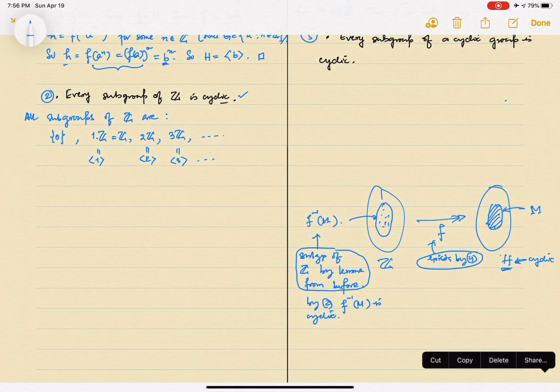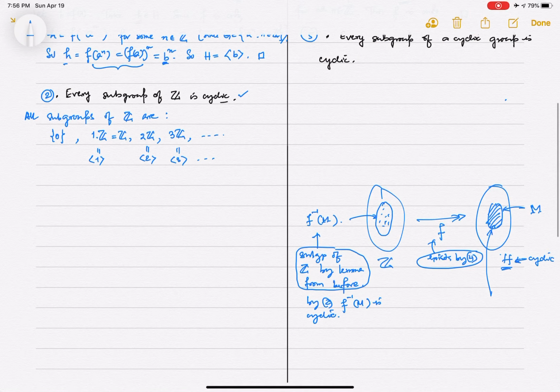And now you notice that this M is, after all, F of the pre-image, because F is onto. This you have to verify. Because F is onto, every element of M is image of something in Z, but that something by definition lies in F inverse M. So every element of M is F of something in F inverse M. It's almost tautological.